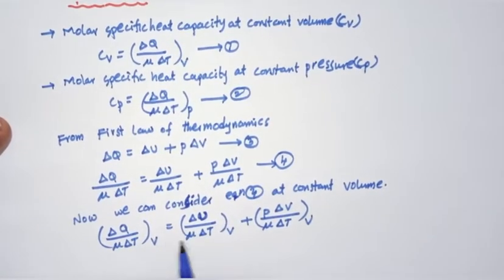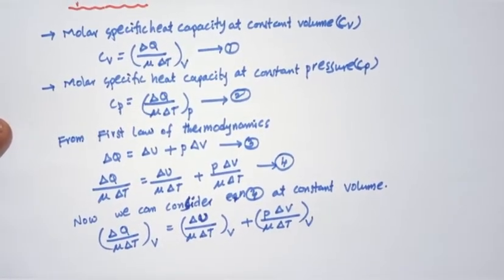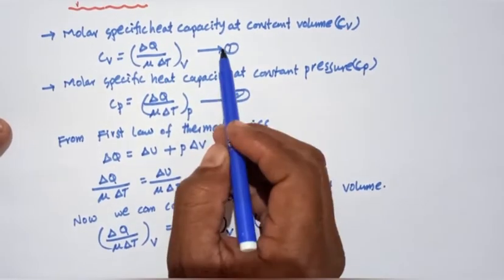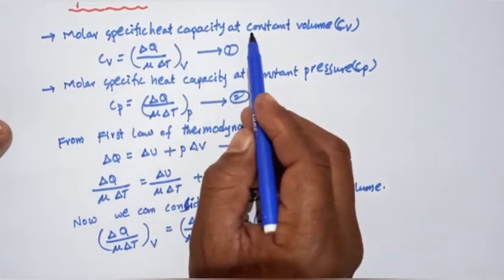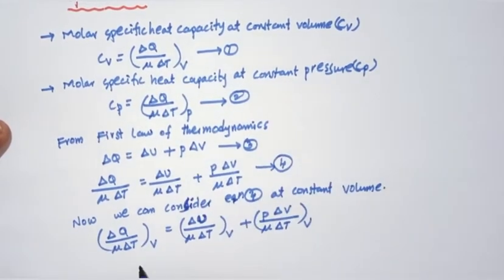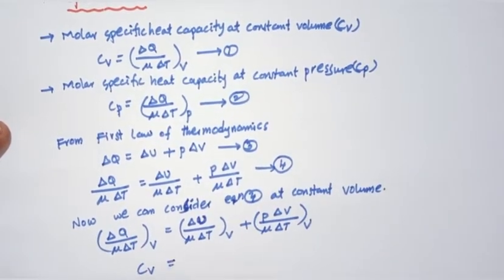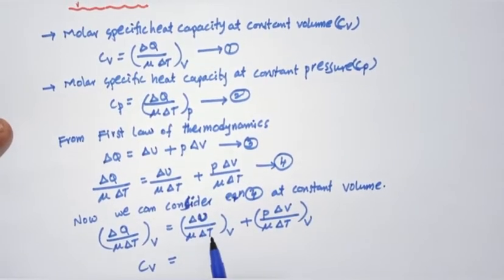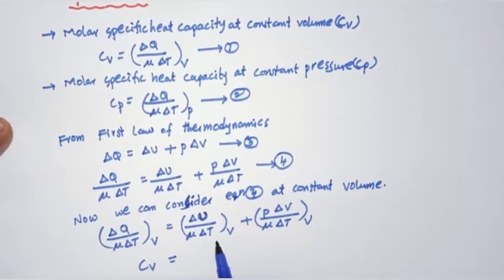Both sides we can take constant volume. Here delta Q by mu into delta T at constant volume is nothing but the molar specific heat capacity at constant volume, so it is taken as Cv. Again, delta U by mu into delta T at constant volume.